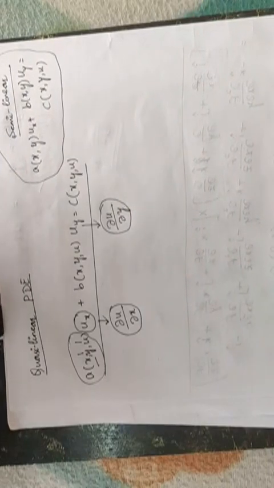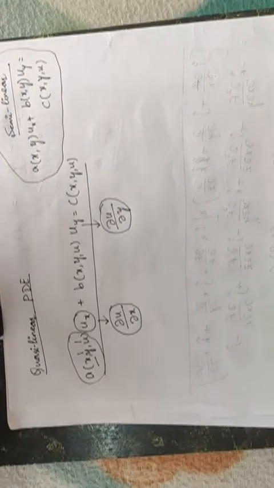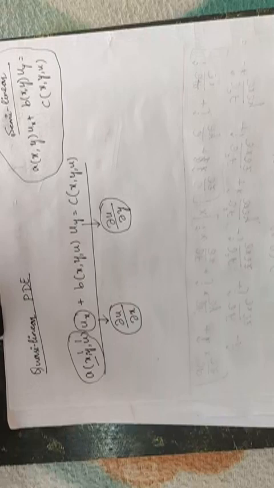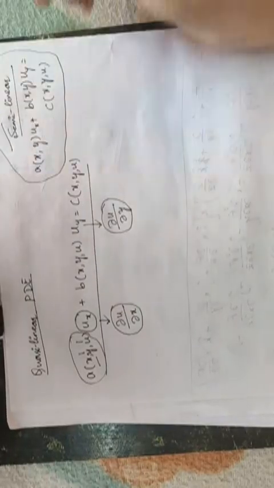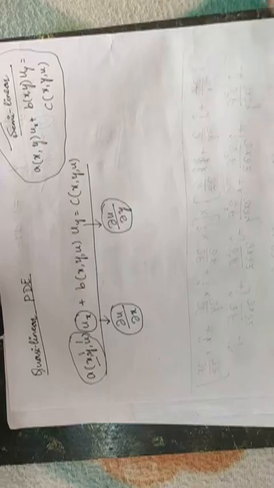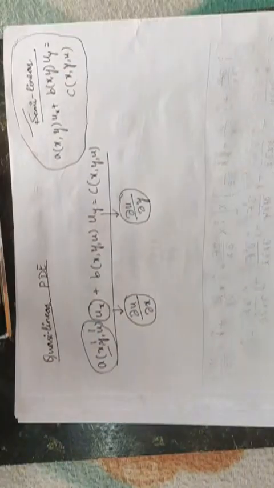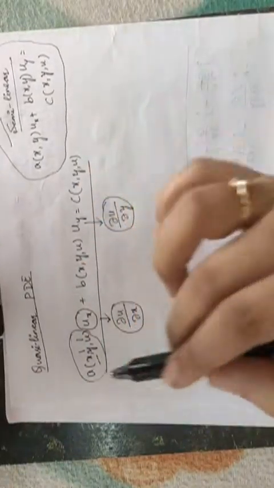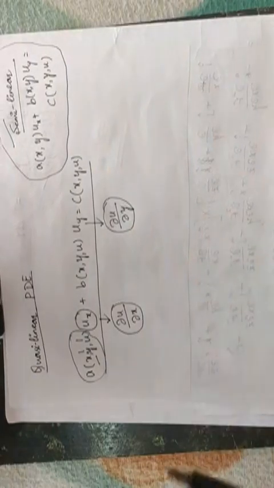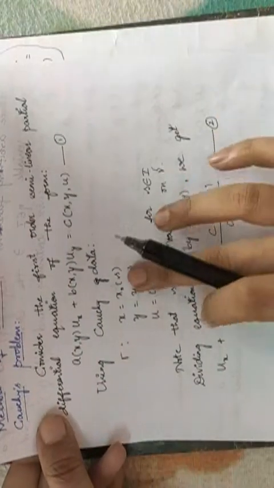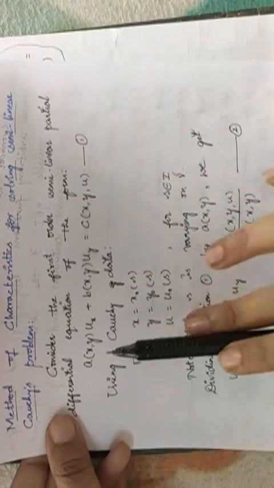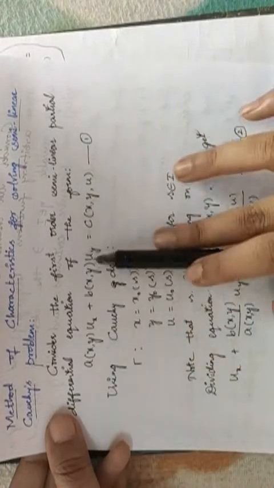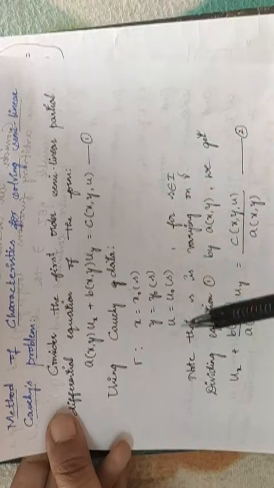The method of characteristics for solving quasi-linear partial differential equation is very similar to that of semi-linear partial differential equation. The only thing which changes is your general equation form. Other than that, for the Cauchy data, your equation will become a(x,y,u), so according to that you will get a change over here.